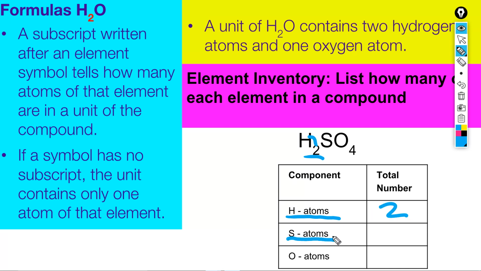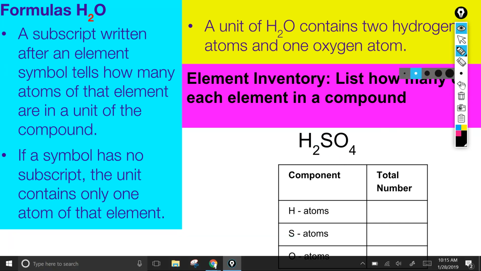How many S atoms are there? The subscript after the S is nothing, so it's a 1. And how many O atoms are there? There's a 4 after the O, so there's 4 O's. That's how you do an element inventory. So the subscripts tell you how many of each individual atom.